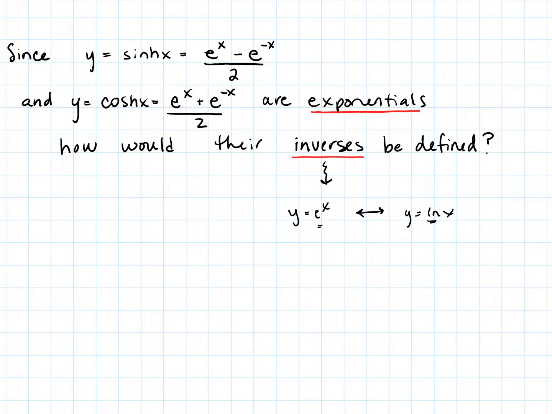And so when I see a hyperbolic sine and a hyperbolic cosine in their exponential expansions, and I'm thinking, what would the inverses be? I am thinking their inverses are likely to have some sort of logarithmic definition. So how do we show that?